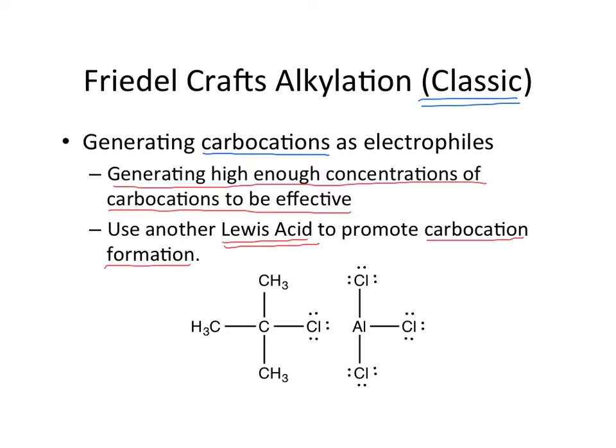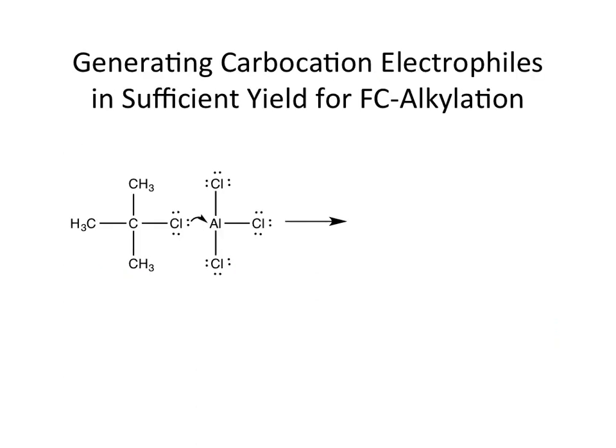And our standard Lewis acid in the classic version of the Friedel-Crafts alkylation is aluminum chloride. So we will start with an alkyl halide, right, where we have a halide leaving group, and we will have aluminum chloride present to make that leaving group even more effective. So, the aluminum chloride is a Lewis acid. It has an empty orbital.